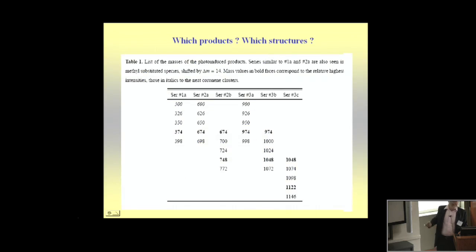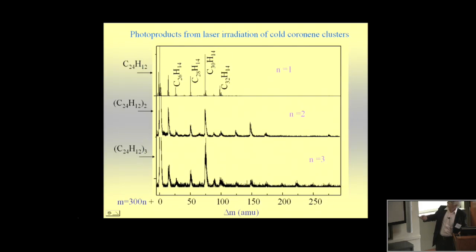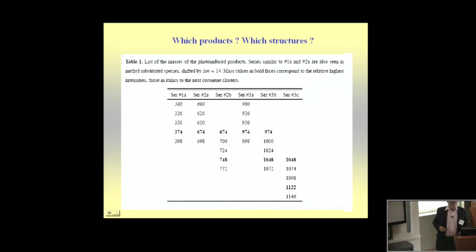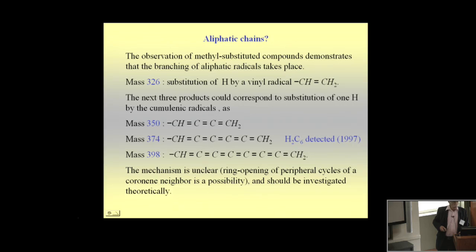We have information: these peaks are broader than these ones because of recoil, because some monomer units evaporated, of course. And now the question is, what's the structure of all these mass peaks behind?